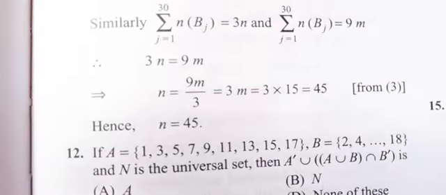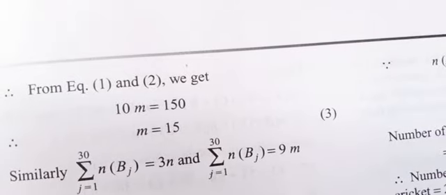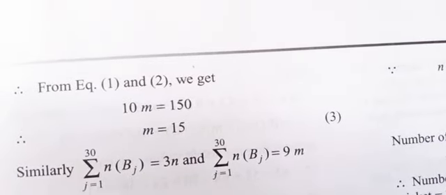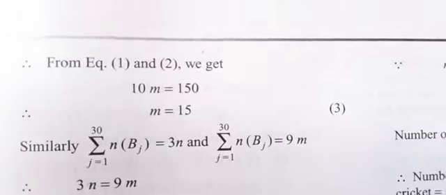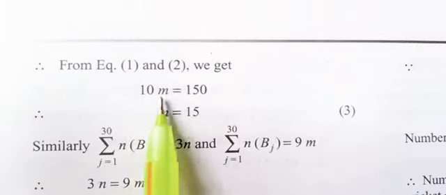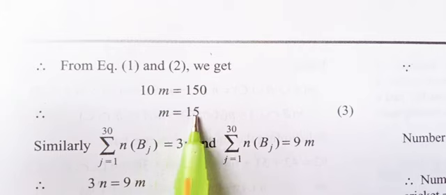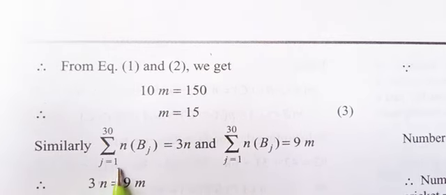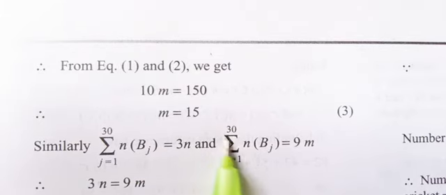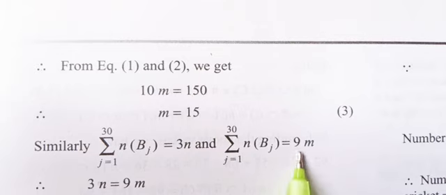Next, from these two equations, we get 10m is equal to 150. So my value of m is equal to 15. Similarly, the sum of n(Bj) is equal to 3n, and the sum of n(Bj) is also equal to 9m.